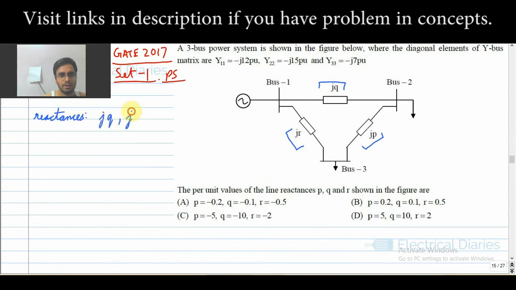Now he has given us y11, y22. Y11 means the sum of all the elements connected to bus 1. Similarly, y22 means the sum of admittances of all the elements connected to bus 2. So the per unit values of the line reactances P, Q, and R we have to find out.